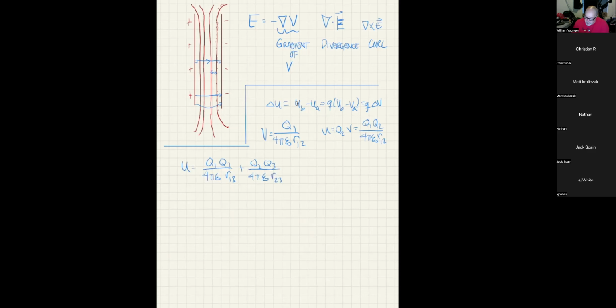And of course, we still have the original one, which was Q1 Q2 over 4 pi epsilon naught R12.